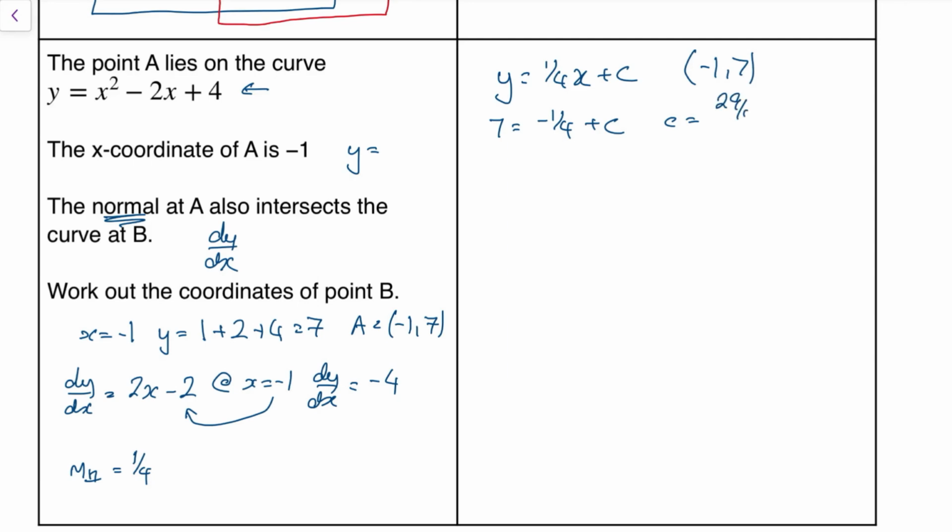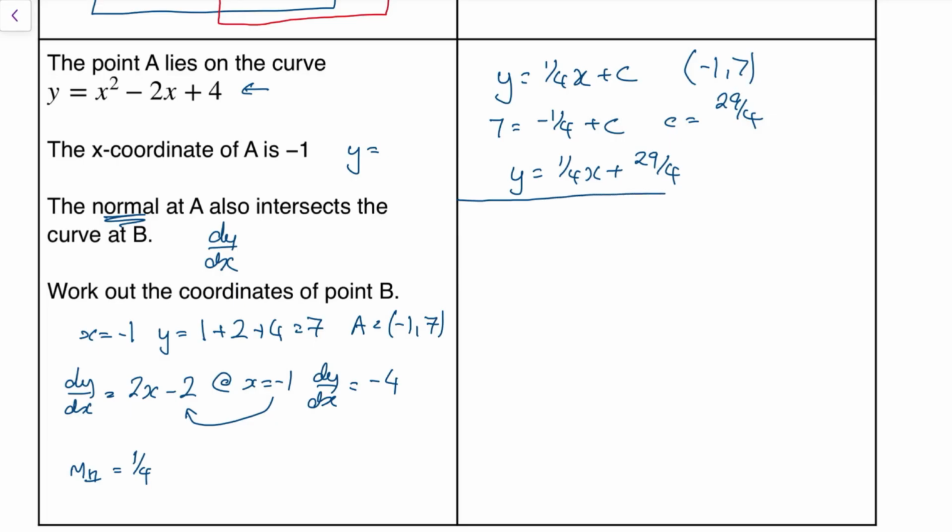So c is equal to 29 over 4, which means that y is equal to a quarter x, wow, plus 29 over 4. And I said wow because these numbers aren't going to be very nice. We had one of these questions yesterday whereby the numbers just didn't fall out really nicely, but we need to continue anyway. Now, that's just the first part done.